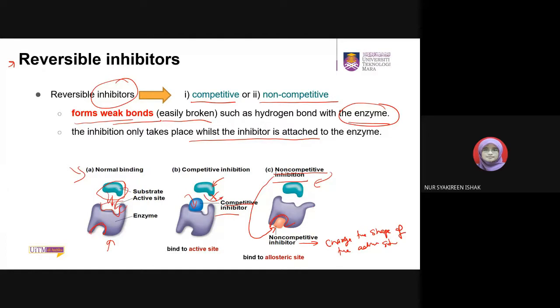As you can see, initially the shape of the active site is like this. The binding of the non-competitive inhibitor will cause the shape of the active site to change. So now the shape of the active site is not complementary to the shape of the substrate. This prevents the substrate from entering the active site and no reaction can occur.